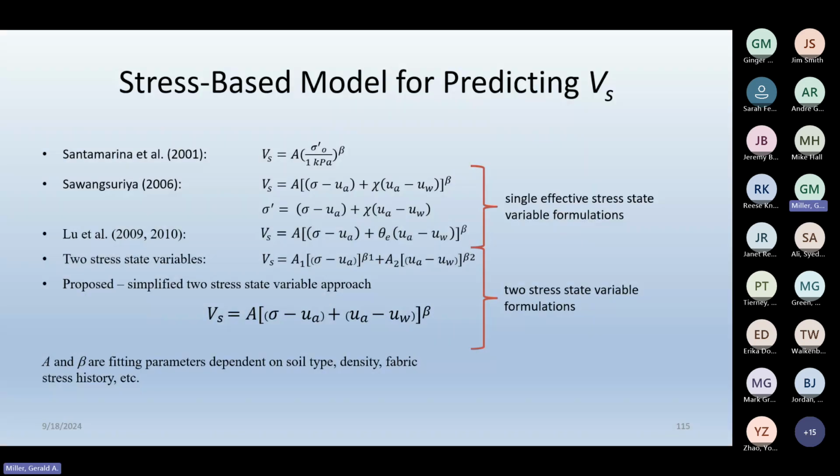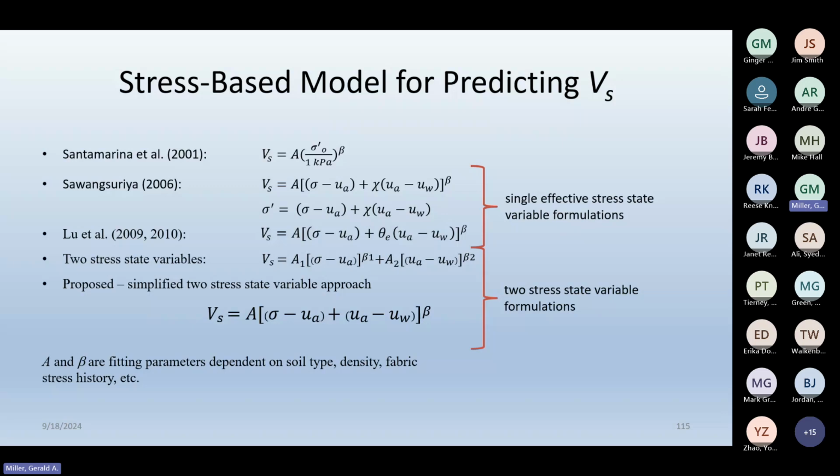Okay, now, because this was a research project, we wanted to analyze the problem in a little more depth. And actually, the one thing we're not accounting for in these plots is the effect of confining stress. These are at different depths, so there could be some small effect due to confining stress. Now, it's not over a huge range of depth, so changes in confining stress weren't dominant, but theoretically, we should include that in our expression for stress state using a Bishop type stress state or two stress state variable approach.